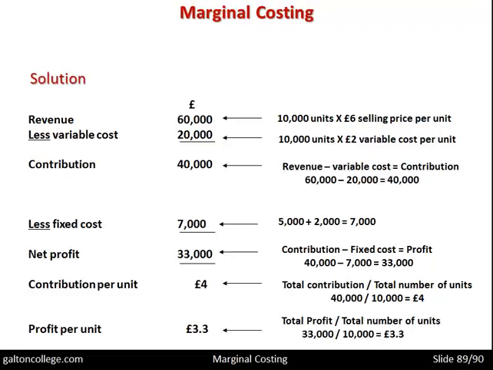And the profit per unit is the total profit divided by the total number of units. So the total profit here is £33,000, that's the net profit, divided by 10,000, the total number of units produced, which is £3.30. And that's how we would work out an account based on contribution using marginal costing.